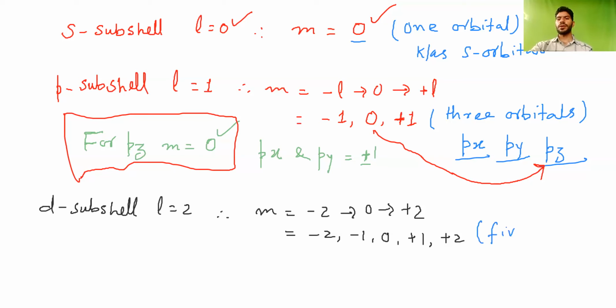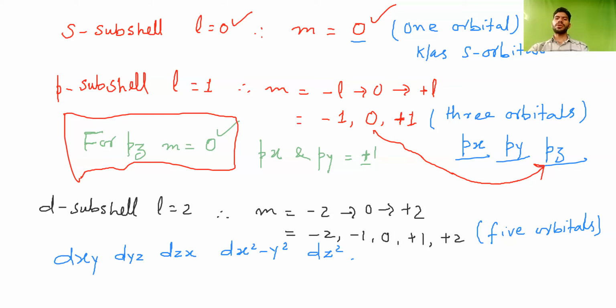These are known as d orbitals, but they have actual names. One is dxy, another is dyz, another is dzx, another is dx square minus y square, and another is dz square.